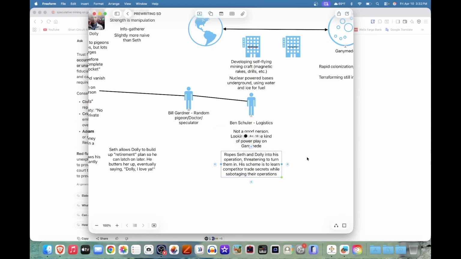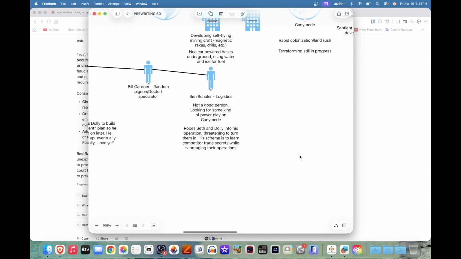So he ropes Seth and Dolly into his operation, threatening to turn them in. His scheme is to learn competitor trade secrets while sabotaging the operations. Now, this is a good way to divide the labor between the two. We could say that Seth does sabotage, because he's sneaky and he's destructive and he loves violence.